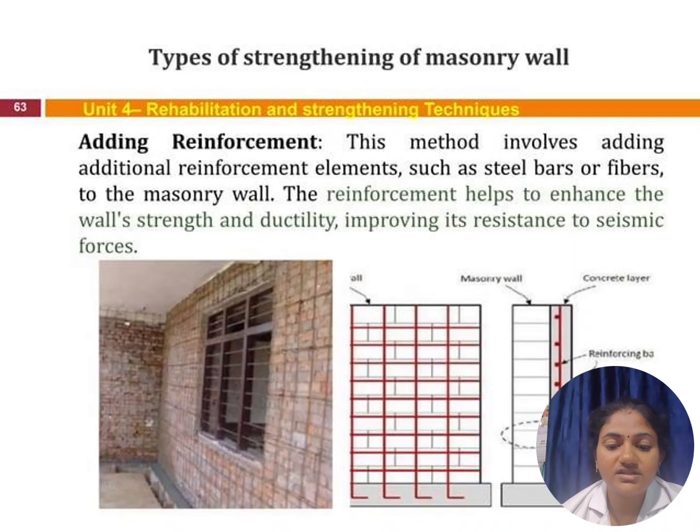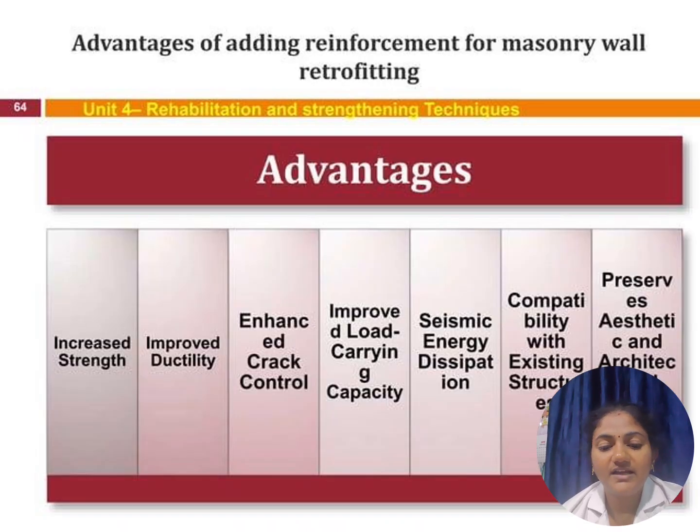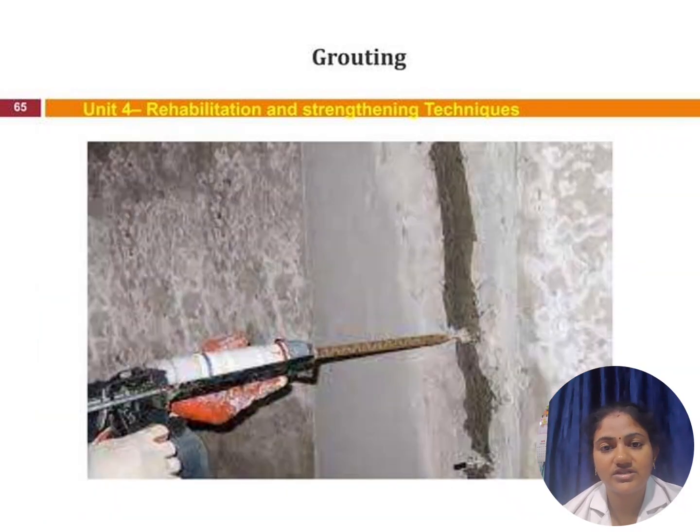And here we are strengthening by using some additional reinforcement which provides the wall strength and improves its resistance to seismic force. And it has the advantage of increased strength, improved ductility, enhanced crack control, improved load carrying capacity, seismic energy dissipation, and preservation of aesthetic and architectural structures.